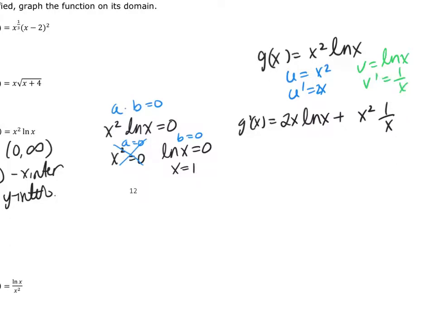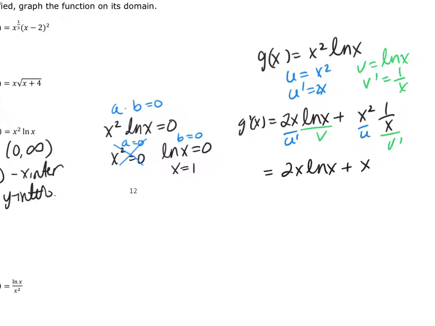So this is v, this is v prime, this is u prime, this is u. So what I have then is 2x times the natural log of x, plus just x.